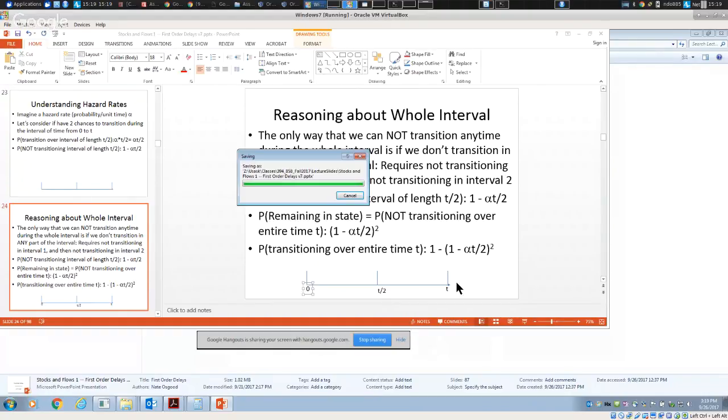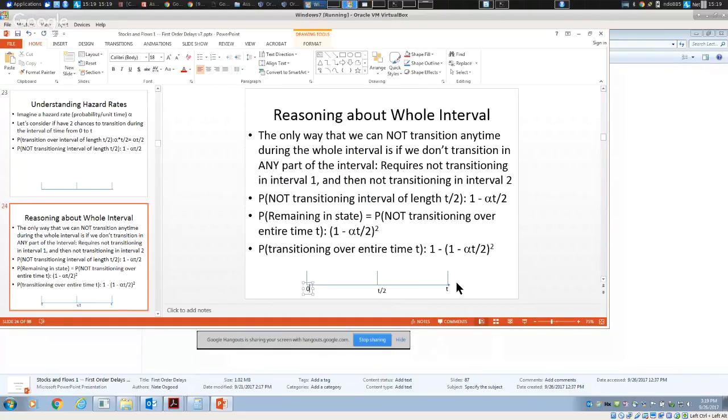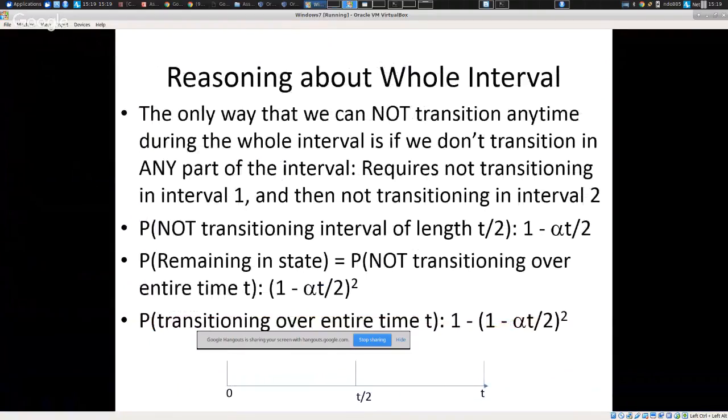In order to not transition over time t, what do I have to do in each of those intervals? Think about it. I want to figure out what's the probability that I don't transition across this entire time t. In order for me to not have transitioned across this entire time t, what do I need to have done in the first interval? Not transition. What do I need to have done in the second interval? Not transition.